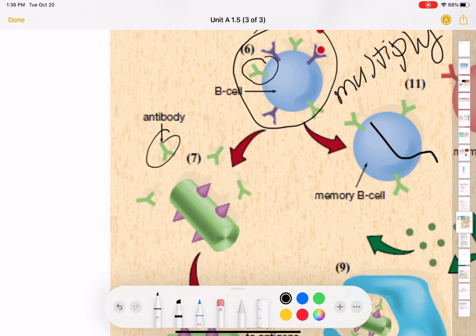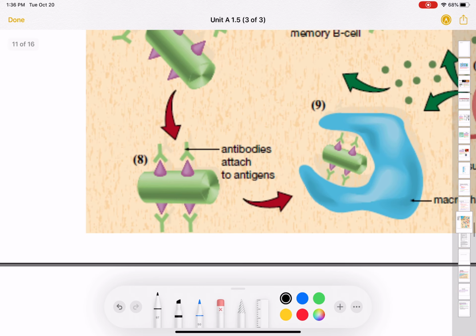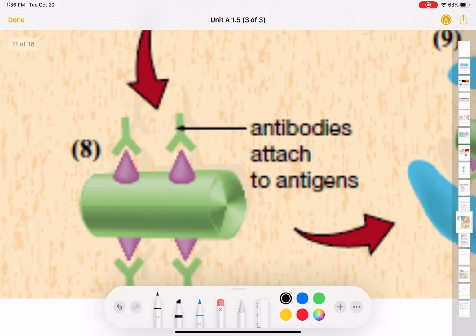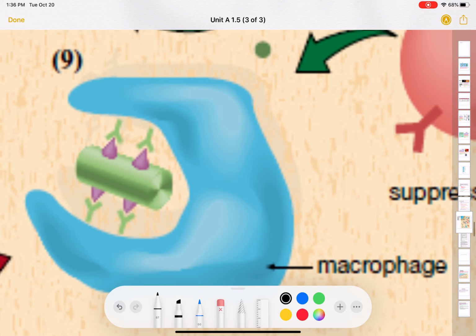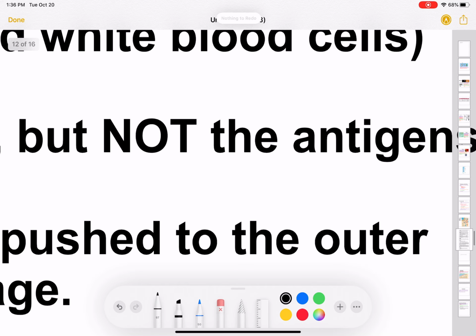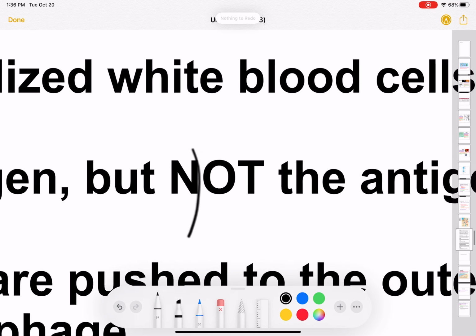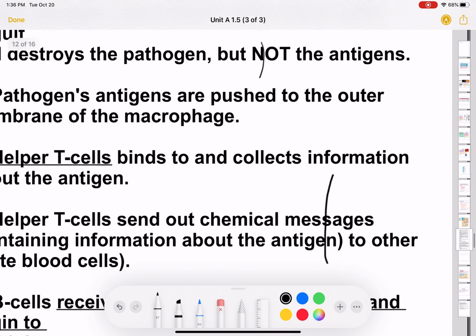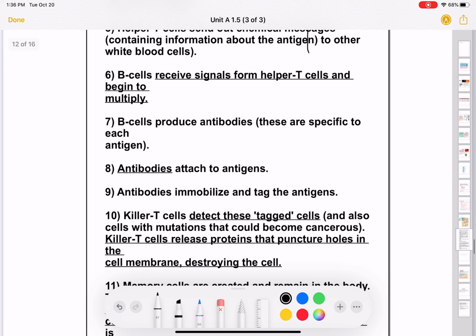They will attach to the antigen right here, and then the macrophage will come around and kill off that piece. So the antibodies will immobilize and tag the antigen, then the killer T cells will detect these tagged cells, and the killer T cells will release proteins that puncture holes in the cell membrane, destroying the cell.